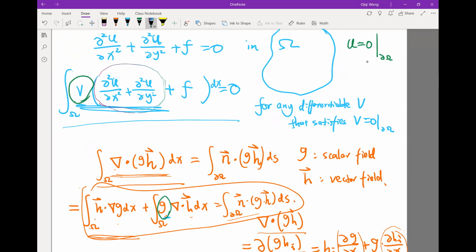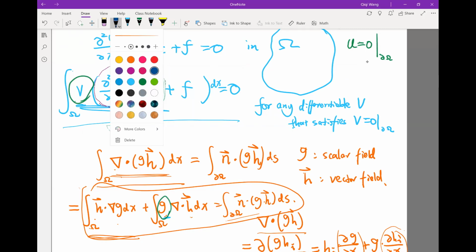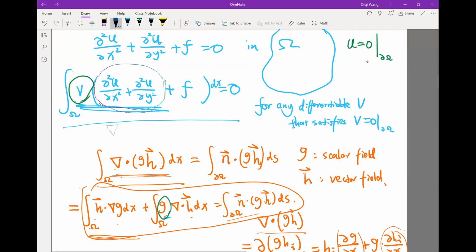This is actually the divergence. Oh, it's not a very good line. So this is actually the divergence of what? It's the divergence of a vector field that's composed of du dx and du dy, right?